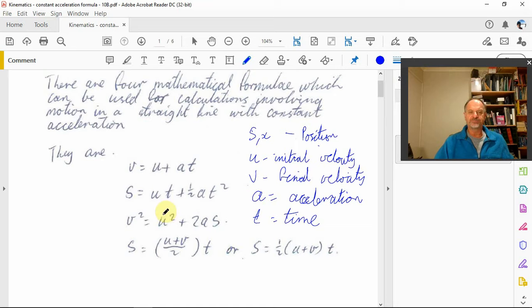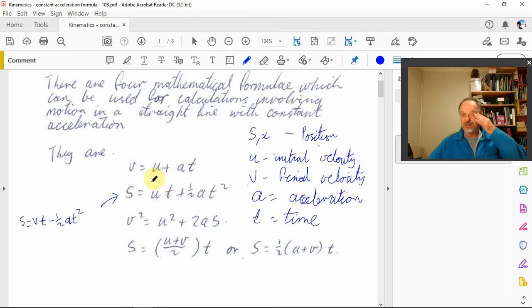And there's 4 equations. Now, there is another equation if you rearrange this to find u and then substitute it in there. s equals vt minus a half at squared is another one that you can look at if you so desire.